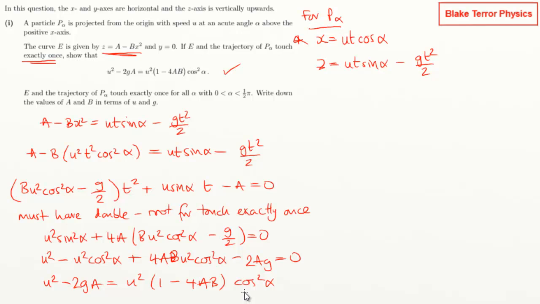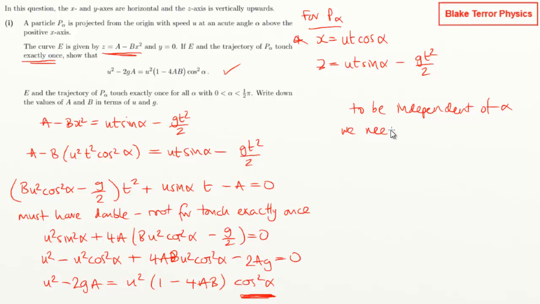So we don't want this. I mean, this is a condition for these things to touch only once. So if we make this a 0 equals 0, because otherwise we're going to have this cos squared alpha factor kicking around, and we don't want it to depend upon alpha. So we need to be independent of alpha.